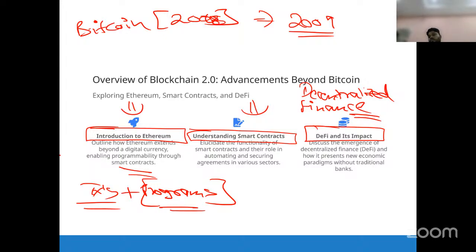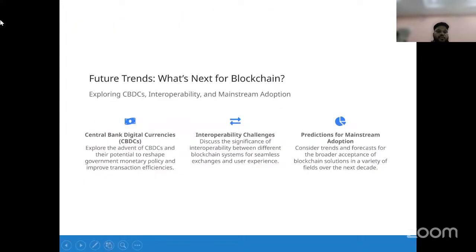That's how blockchain is moving further today. This is blockchain 2.0, where we are looking at different aspects that can make our life much easier rather than bringing any complexity into the system. So this is the process which we should be knowing.